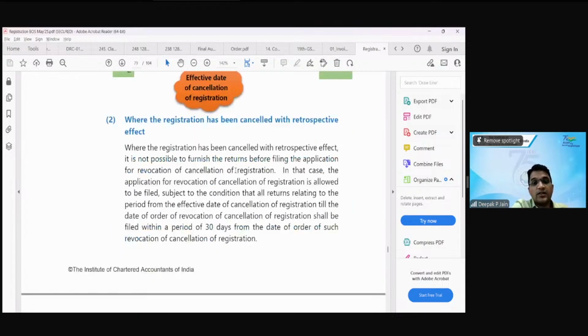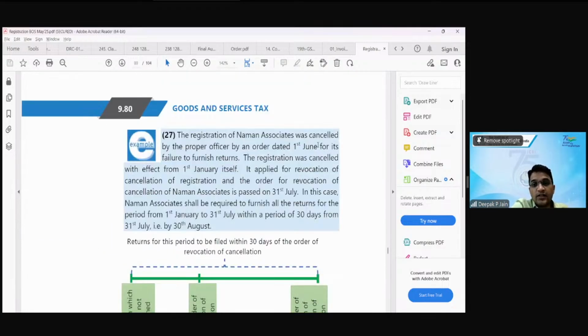And then another case of registration, 27th case: the registration of Naman Associates was cancelled by an officer by an order dated 1st June for its failure to furnish returns. The registration was cancelled with effect from 1st January itself. Order is dated 1st June, but effective 1st January. It applied for revocation of cancellation, and the order for revocation was passed on 31st July.